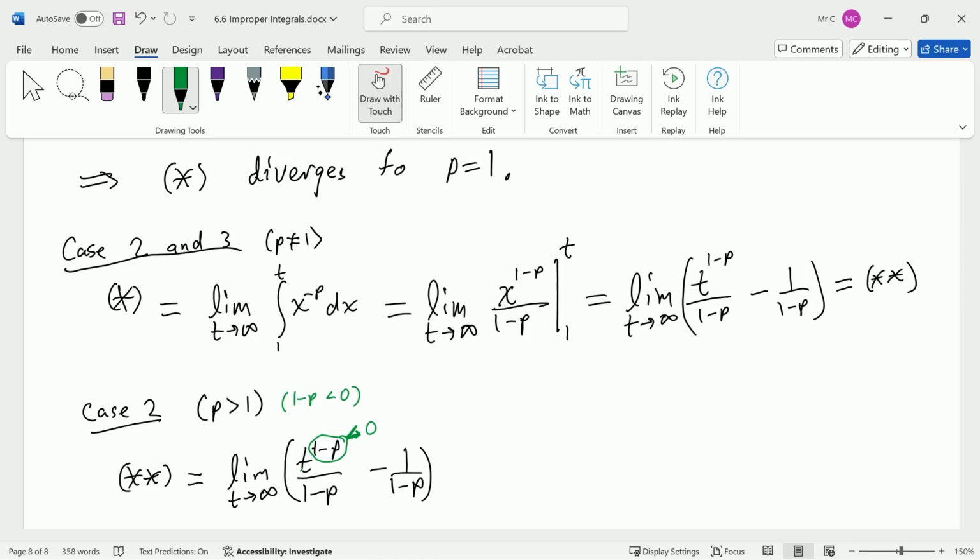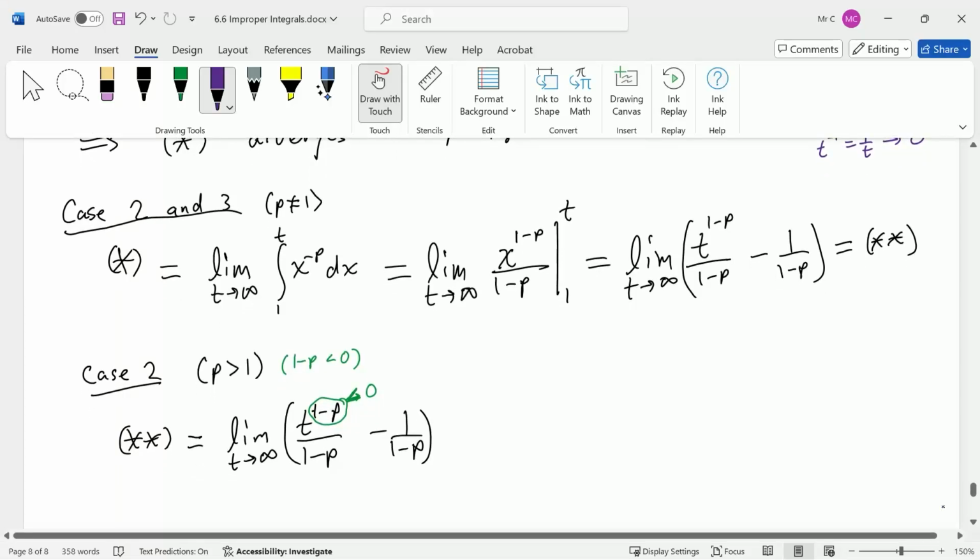Right? So you can think about it like this. If I have t to the first power, that's going to infinity. T to the negative first power is 1 over t, so that goes to 0. Same thing applies for any numbers written in that form. If my exponent on t is a negative power, then I make it a reciprocal, and the term goes to 0.